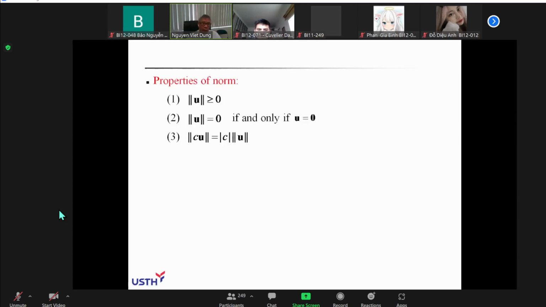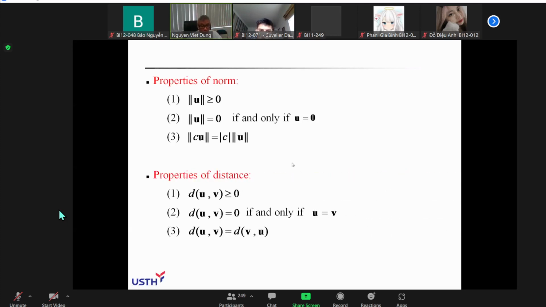Next I explain to you, we have three properties of norm. The first one says that the norm is never negative, and it equals 0 if and only if U is a zero vector. And if you consider the norm of c times U, it equals the absolute value of c times the norm of U. That is very easy to imagine.